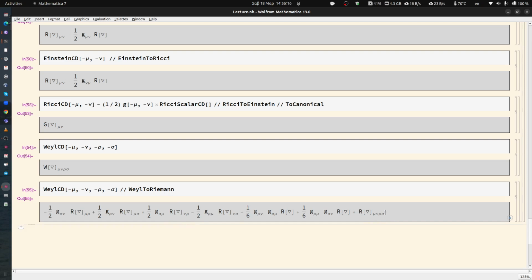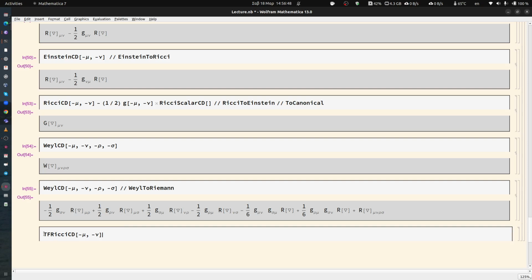So there is this Riemann tensor here, and then there are the terms involving the Ricci tensor and the scalar curvature that remove all the dependence of the Riemann tensor on those particular contractions. Another tensor that might turn out to be useful in some cases is the trace-free Ricci tensor.